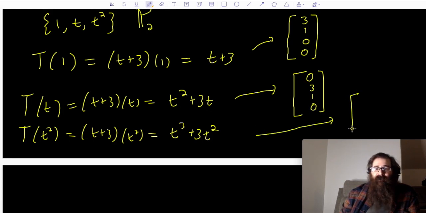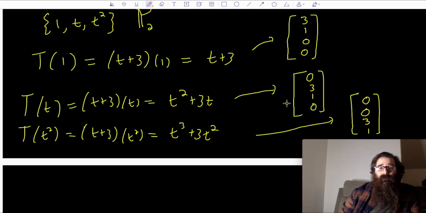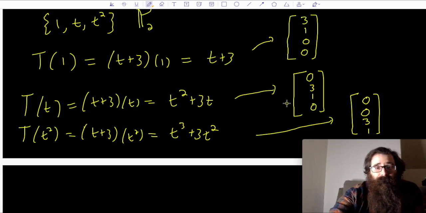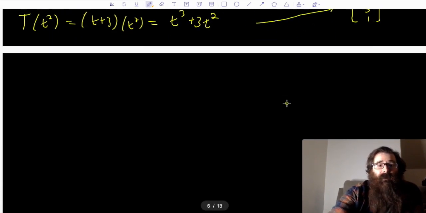And then this last vector here, t cubed plus 3t squared: no constant term, so 0, no t term, so 0t, but then I have 3t squared and 1t cubed. And this builds me my vectors, and from this I can get my matrix for T.